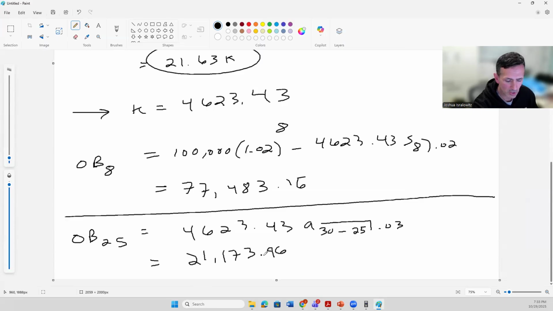I haven't really pushed this, I used to push this in the past, but one way to think about the prospective method is kind of like a loan reset. You owe after 25 years 21,173.96, and if you want to repay that with a loan of certain payments, well, these would be your payments, because if you take out a 21,173.96 loan, then the loan amount is the present value of your loan payments.